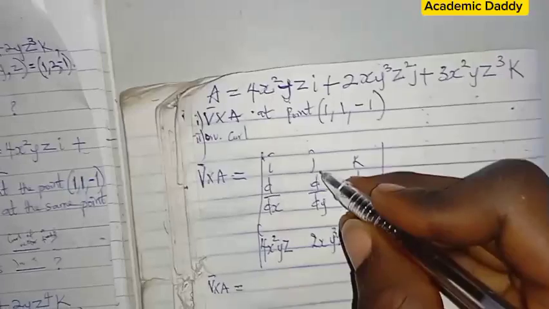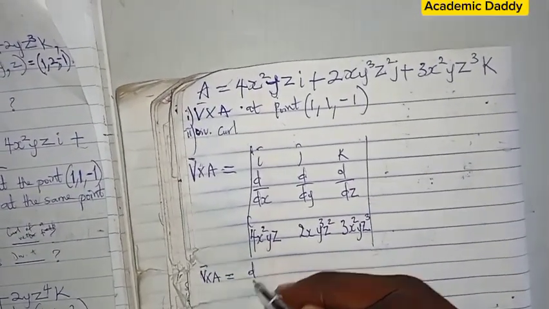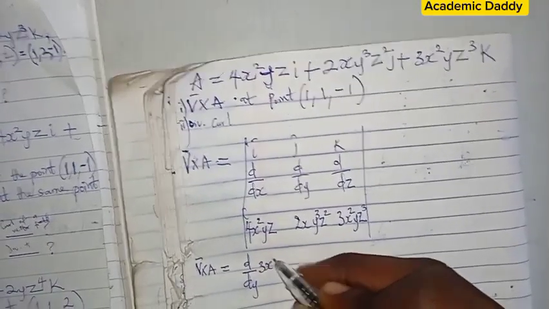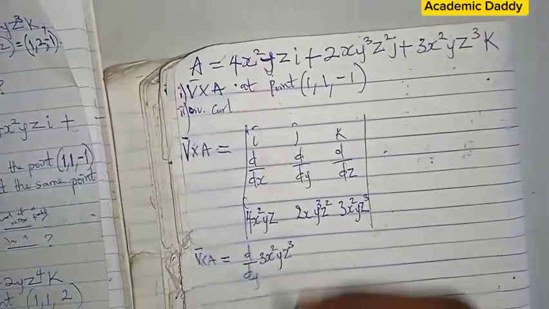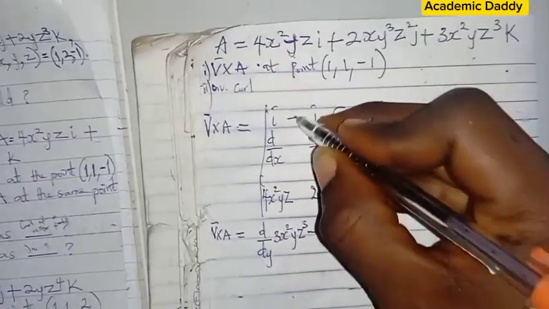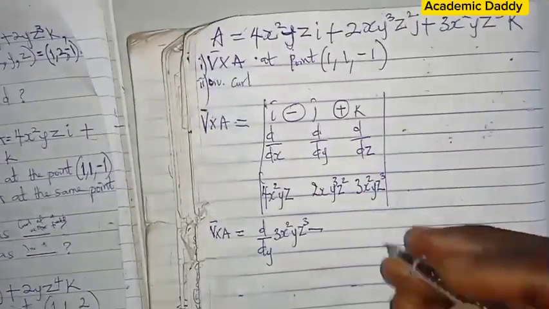Now to get i, we'll cross j and k. So now do d over dy, taking 3x squared yz cubed, left from right, minus. Remember that here is minus, here is plus. It's a rule for the matrix.